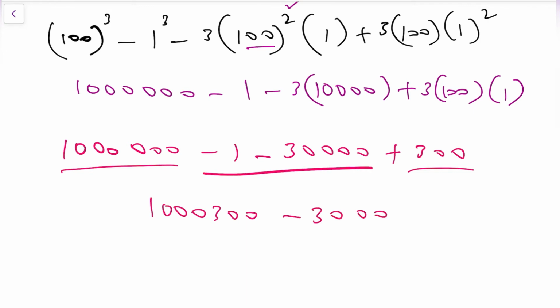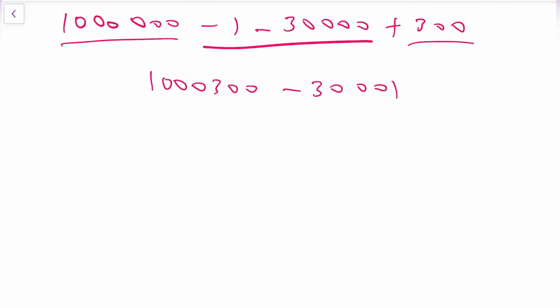So let us do subtraction from this. 10 lakhs 300 minus 30,001. We will get the final answer as 9 lakhs 70,299.